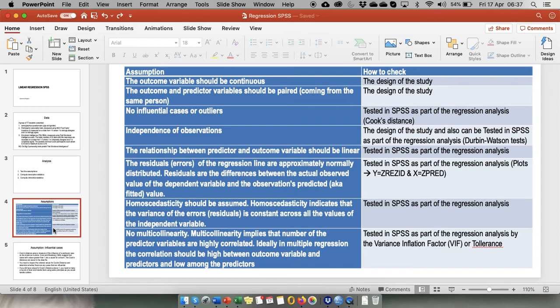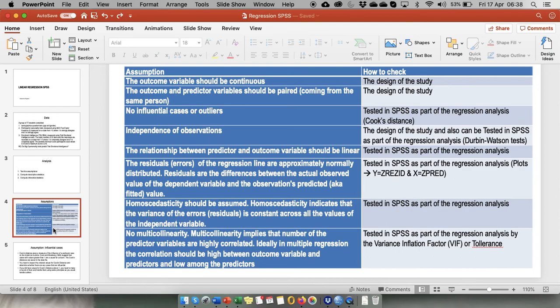The residuals, or errors of the regression line, are approximately normally distributed, so we can plot to see how the residuals are distributed, and that again can be done in SPSS as part of the regression analysis. We also need to meet the assumption of homoscedasticity, and this one is also tested in SPSS as part of the regression analysis.